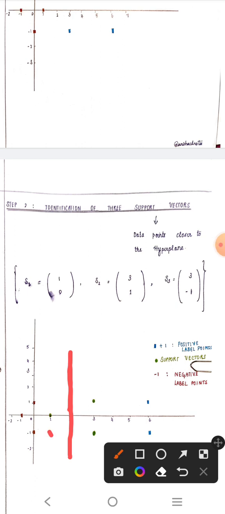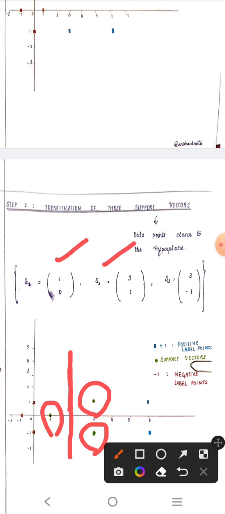With that into consideration, we come to the conclusion that (1,0), (3,1) and (3,-1) are the support vectors. So we write the 3 support vectors: S1 is equal to (1,0), S2 is equal to (3,1), S3 is equal to (3,-1). Here plus 1 is specified for the positive label, shown by blue boxes. Green circles are support vectors.